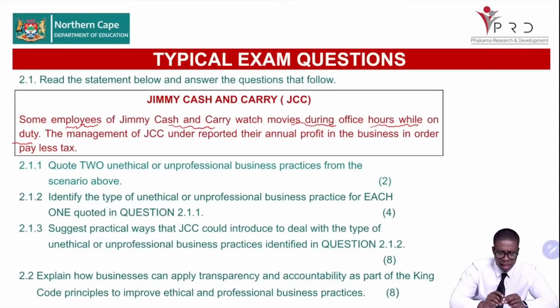Are these workers going to work to watch a movie, or did they go to work so that they can perform their duties, or so that they can perform their work? They are there to work so that they can be paid at the end of the week or at the end of the month, depending on the type of agreement they have.